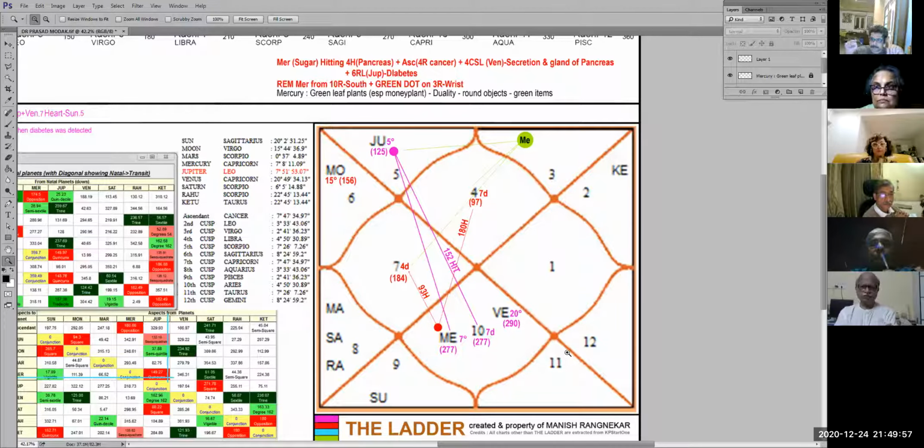So the pancreas is signified by what? The 4th house. The pancreas is also signified by the 4th Rashi. Correct? Are you getting it? So that obviously is the victim, and Mercury, which is the sugar hitting it, is the culprit.